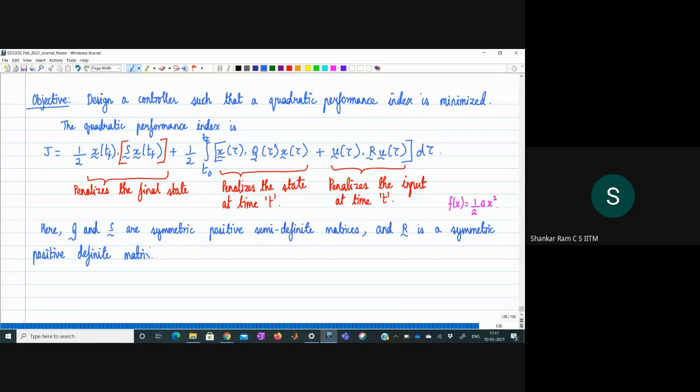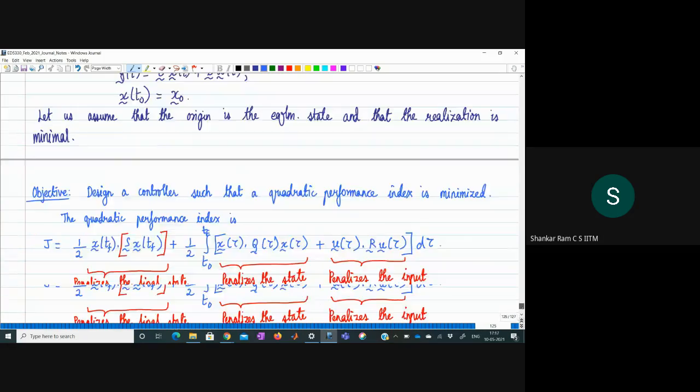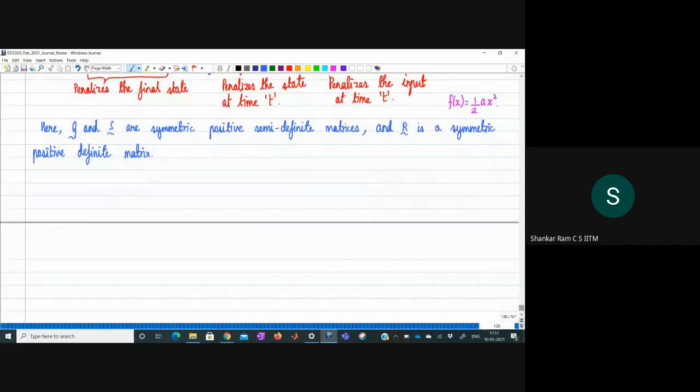So you can observe that we choose Q and S in a certain way. All of us know what a symmetric matrix is, right? A symmetric matrix means you take the transpose of the matrix and you get the same matrix. So that is a symmetric matrix.